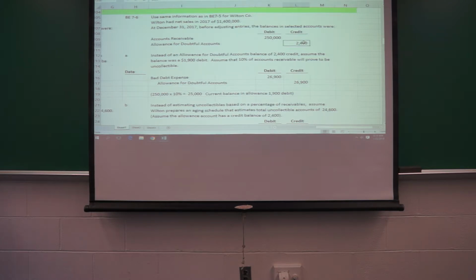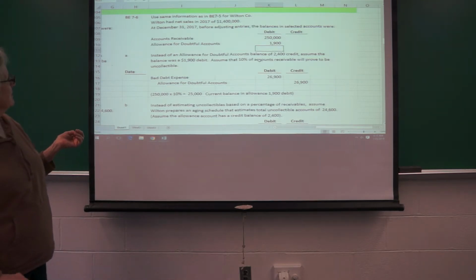Okay, so what they really mean is, let's do the problem like this. I'm sorry, that's not right either, 1,900, okay. Assume we had the allowance for doubtful accounts of 1,900, a debit. In that case, what do you need to do to get to the desired amount? Here, have they done a whole different problem here?